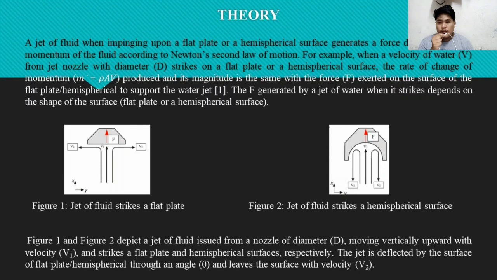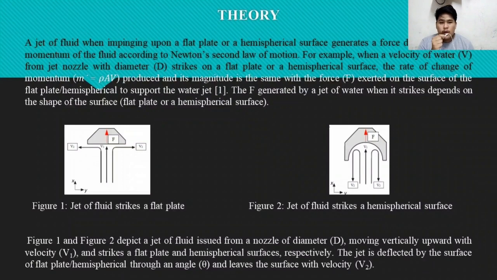For the theory, a jet of fluid impinging upon a plate or a hemispherical surface generates a force due to the change of momentum of the fluid, according to Newton's second law of motion.